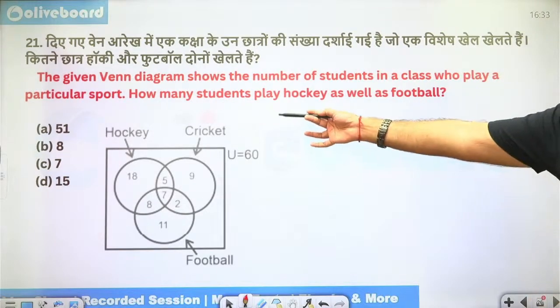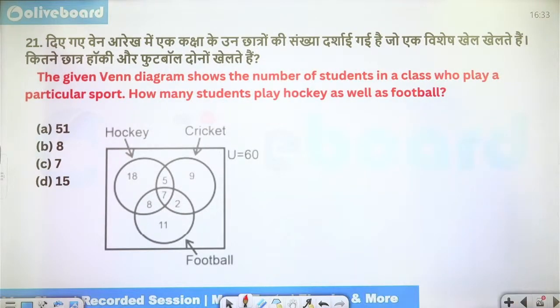See, it's labeled here, but every time it's not going to be labeled. Okay. Hockey, cricket, football.